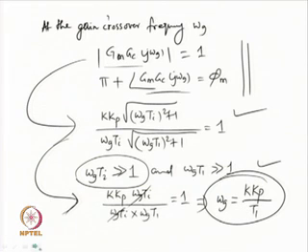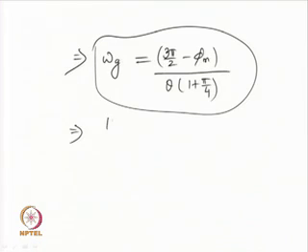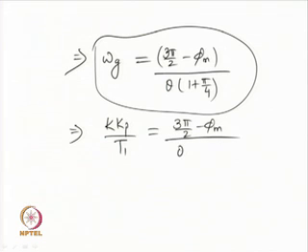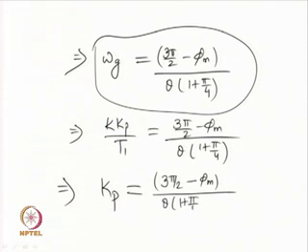So, substitute omega g is equal to k Kp by T1 there. The left hand side will be k Kp upon T1, equal to 3 pi by 2 minus phi m divided by theta times 1 plus pi by 4, which implies the proportional gain of the PID controller, Kp, is equal to 3 pi by 2 minus phi m divided by theta times 1 plus pi by 4, into T1 by k.